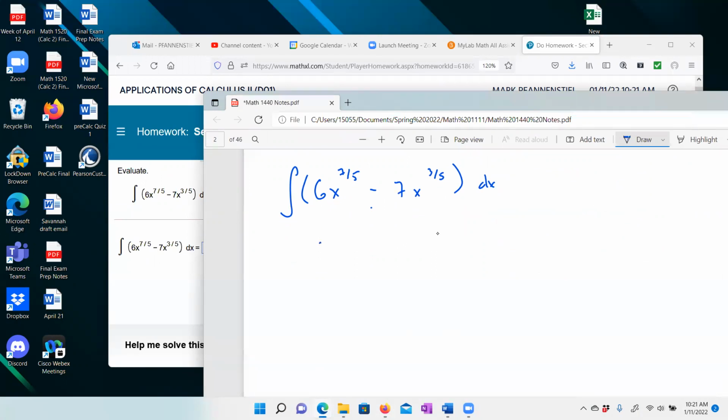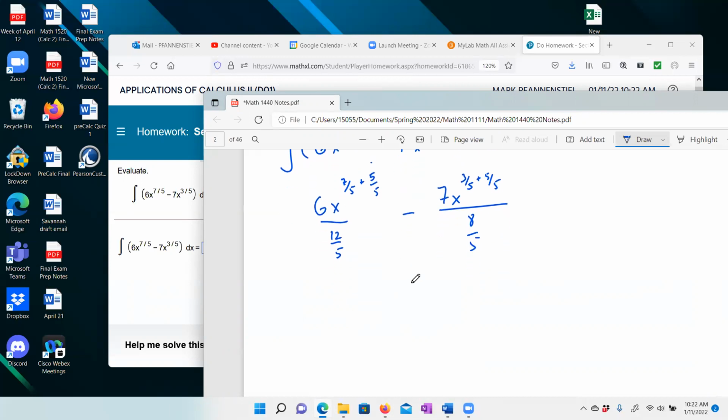So when we go to do a fraction here, we have 6x, and we want 7 over 5 plus 1. 5 over 5 looks like 1. Divided by 7 plus 5 is 12/5. Okay, minus, now we have 7x to the 3 over 5 plus 5 over 5. That's going to be 8/5.